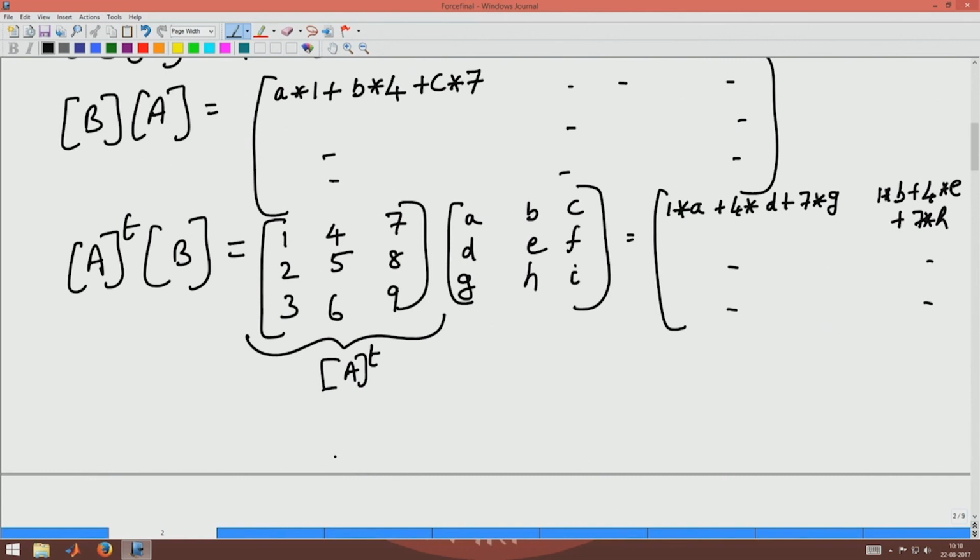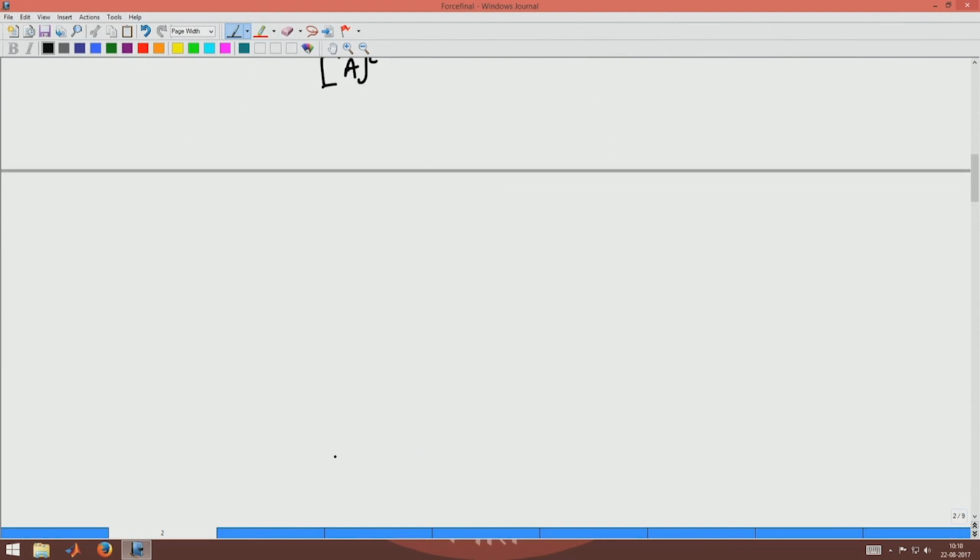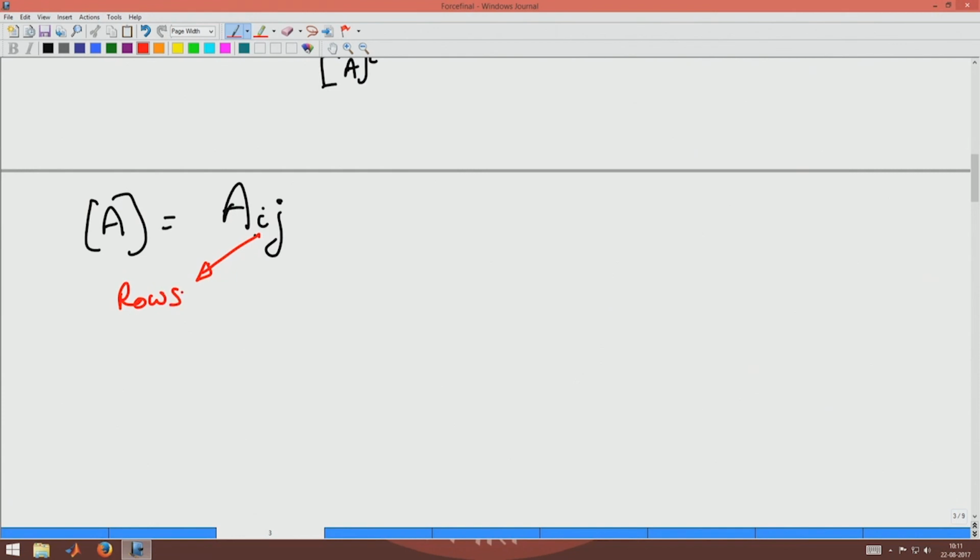I am going to use an alternate symbol to represent the matrix A, as matrix A can be represented as A_ij, where we will follow the convention that i means rows and j denotes the column of this matrix A.